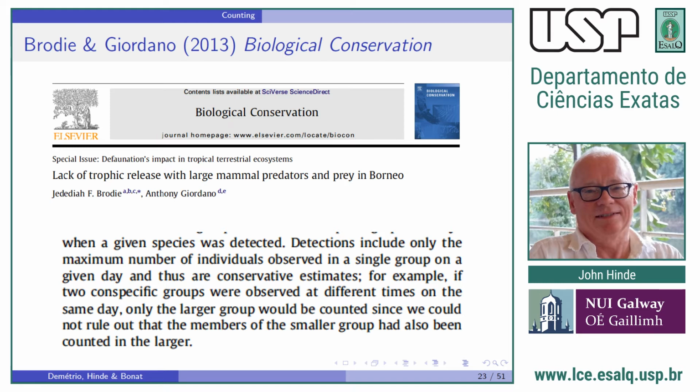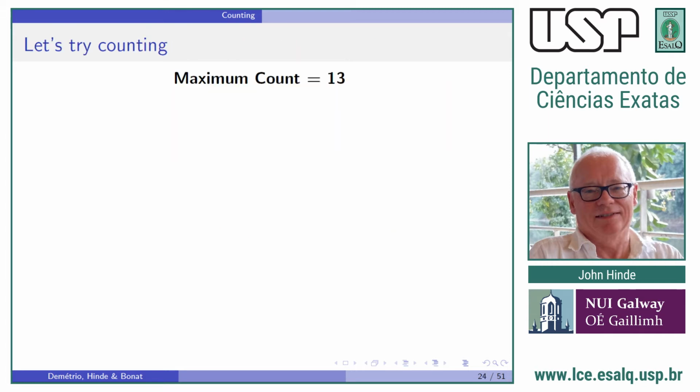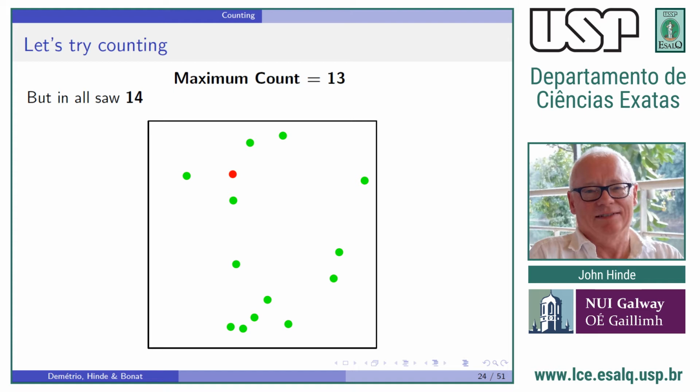So, when you did it, the maximum count was the second one, which would have been 13. And in fact, if I put all the things together that you saw, there were in fact 14 of them that I showed you.